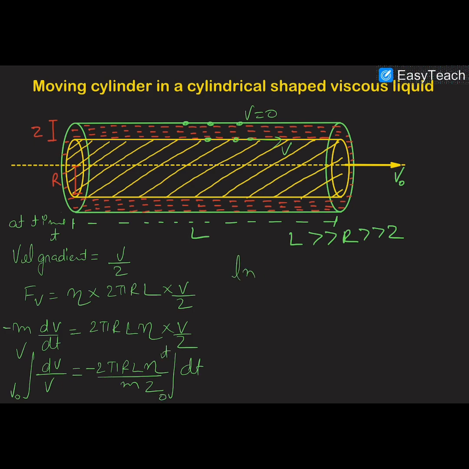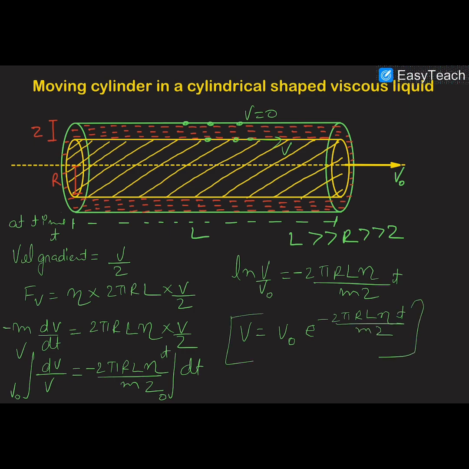So ln(v/v0) will be equal to minus 2 pi r l eta by m z into t, and the value of v will be equal to v0 e to the power minus 2 pi r l eta t by m z.